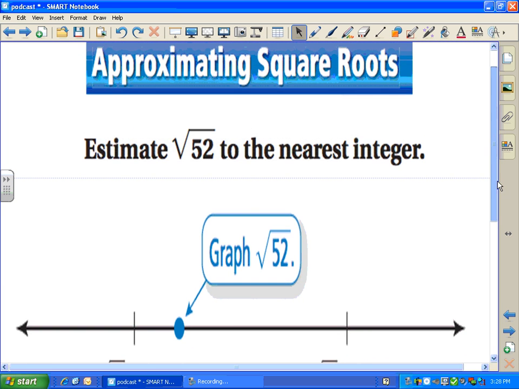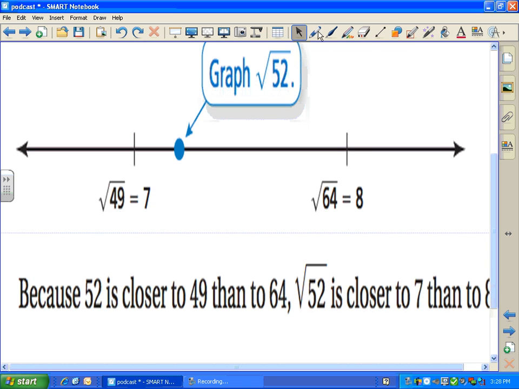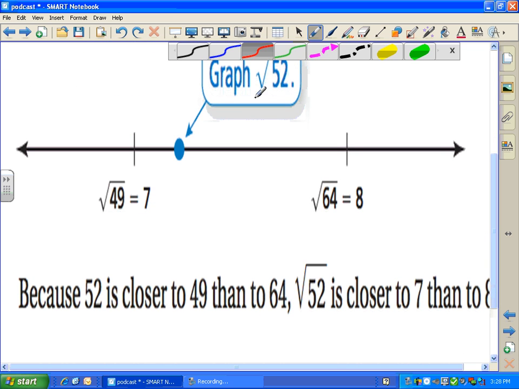All right, let's practice approximating square roots. They asked me to estimate the square root of 52 to the nearest integer. Well, if I look on a number line, the number 52 is close to 49.